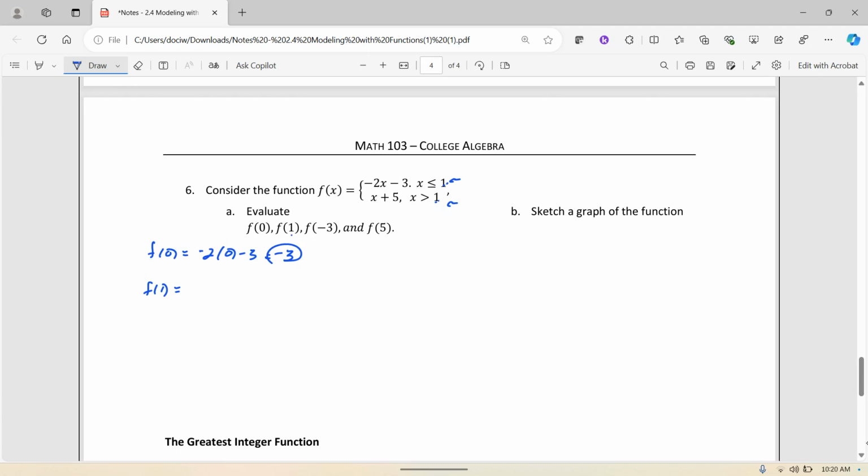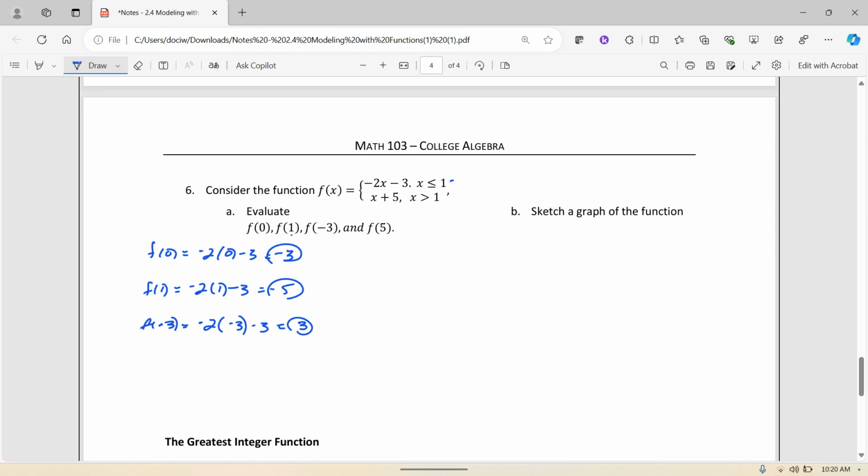But because x is 1, we use the top piece if x is less than or equal to 1. So f of 1 is simply negative 2 times 1 minus 3, or negative 5. f of negative 3, again, negative 3 is less than 1. So once again, we're going to use just the top piece. Negative 2 times negative 3 is 6, minus 3 is 3.